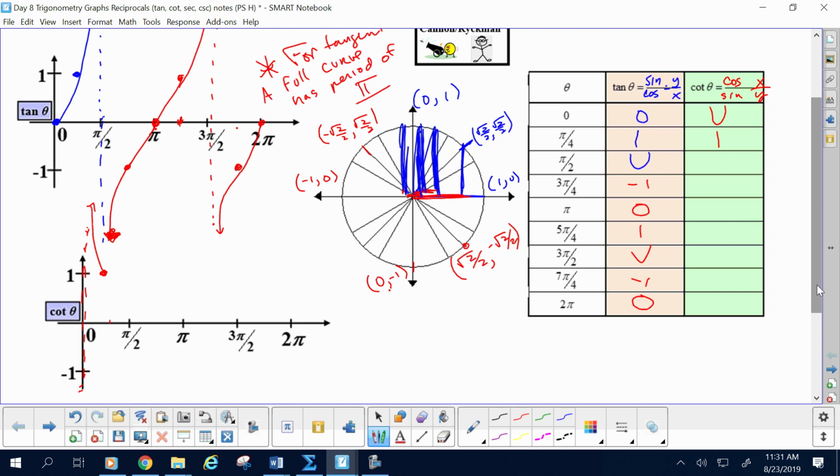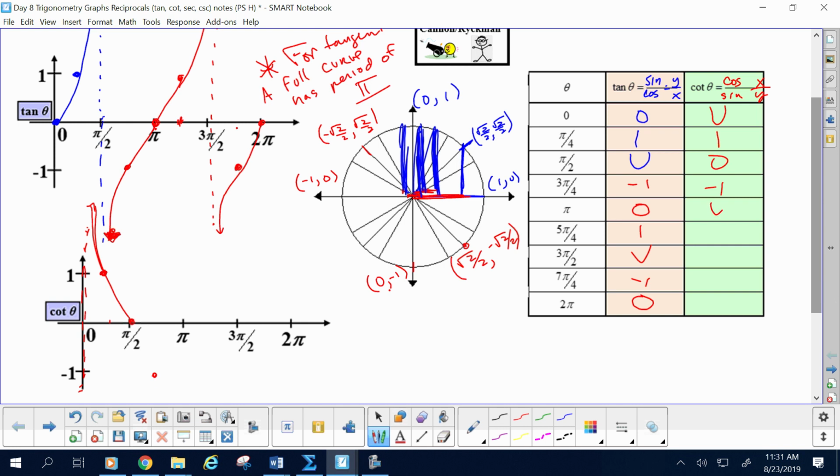What about at pi over 2? 0. 3 pi over 4. There's tangent. What's the reciprocal of negative 1? Negative 1, right? We don't change the sign. It doesn't flip, change the sign. It's still just a flip. So negative 1. And what about at pi?